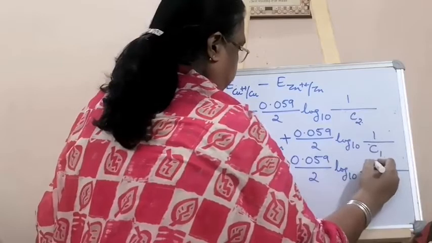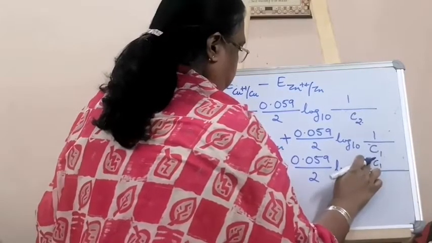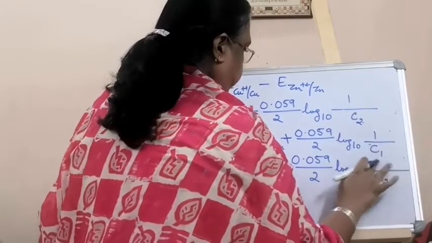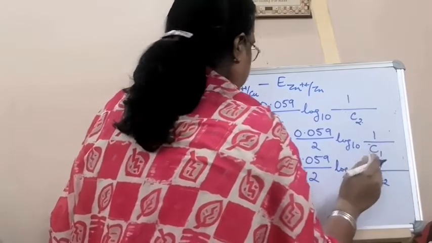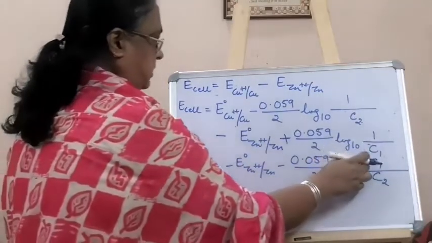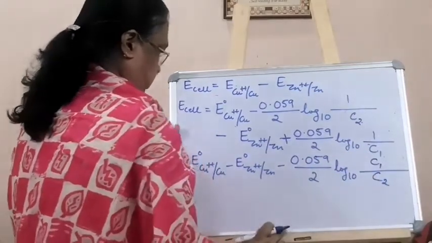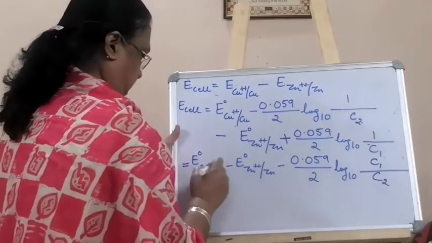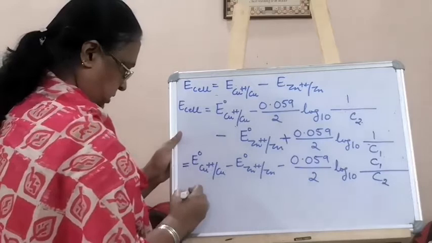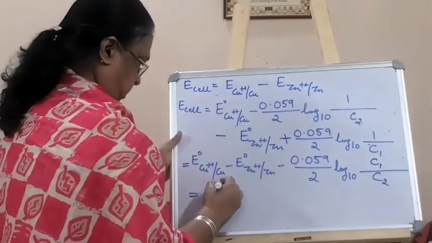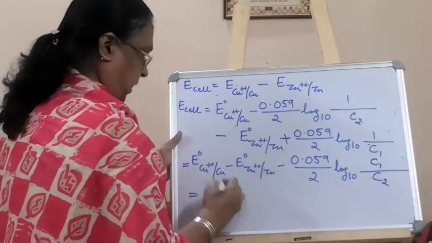We will have C1 upon C2, where C1 is the zinc ion concentration and C2 is the copper ion concentration. So we have obtained this equation. And you know this is our E0 cell.